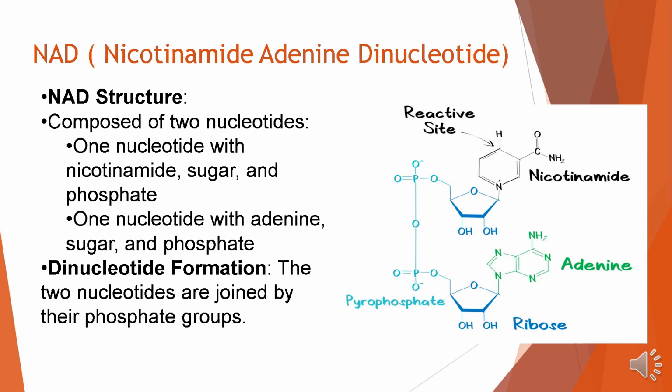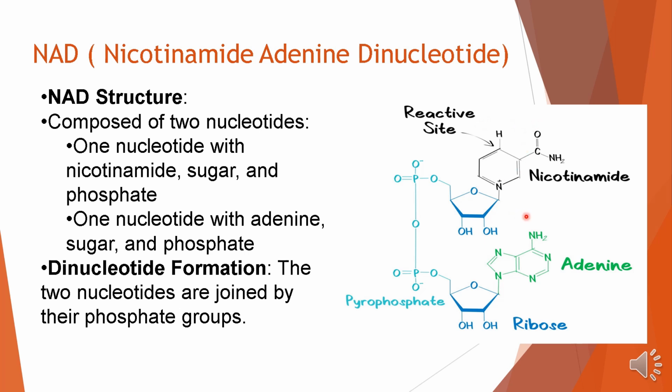Next we have NAD, or Nicotinamide Adenine Dinucleotide. It is an essential coenzyme in the cell. Its structure is composed of two nucleotides. You can see in the image that it has two parts.